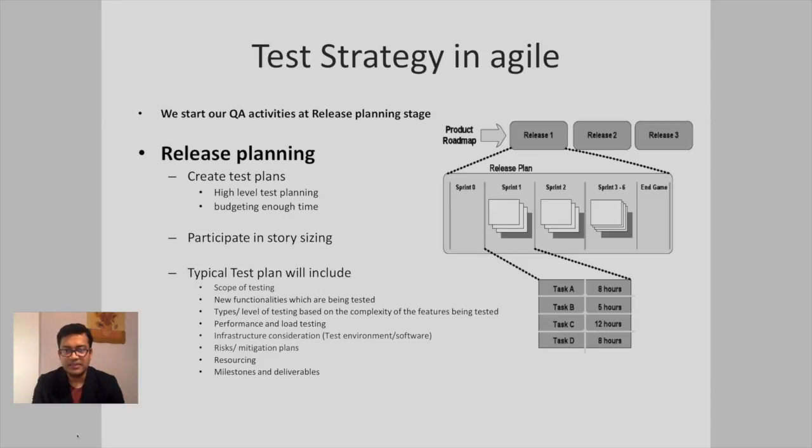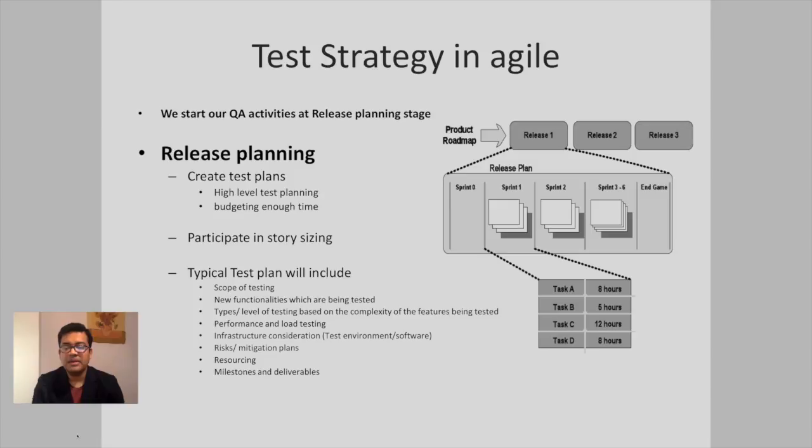First of all, under release planning, we have to create test plans. High level test planning is to be done, and then the budget, to see the total effort, time, resources, and money you have which you can utilize for such testing. Participate in story sizing, user story sizing I mean.